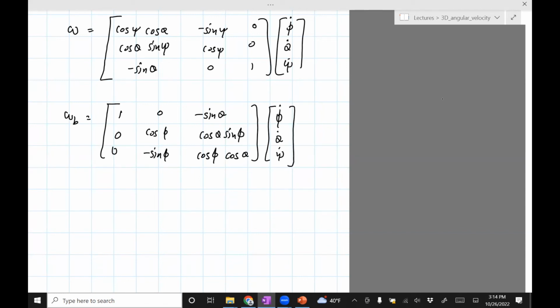So you can write omega equals A times the vector of Euler angle rates, and omega B equals A_B times the Euler angle rates.